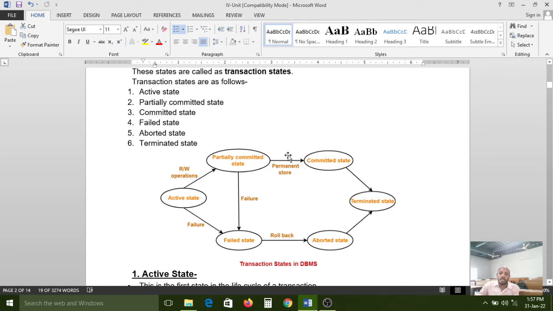If it is unsuccessful, then we follow the down arrow in this section. Each and every transaction contains this states life cycle. A single transaction should maintain this states life cycle.